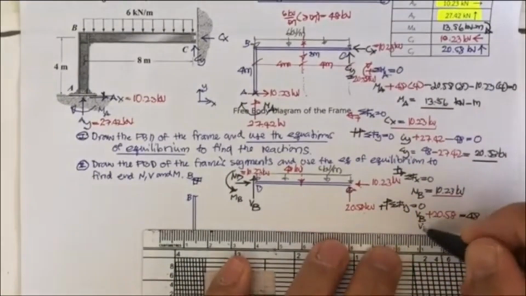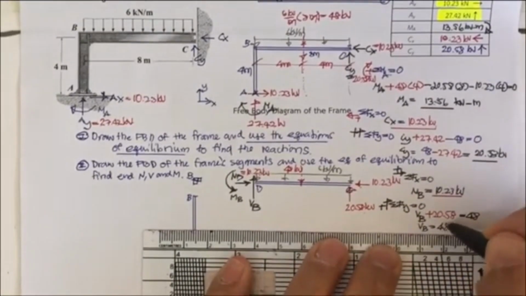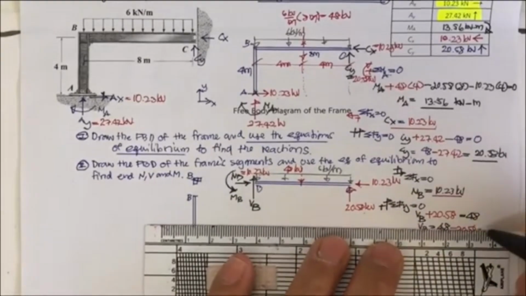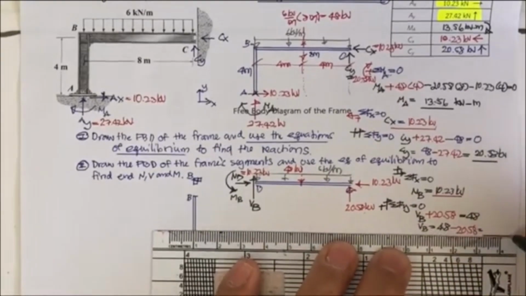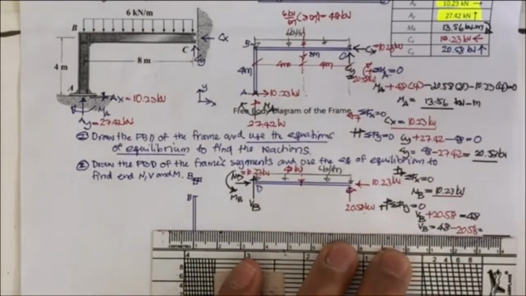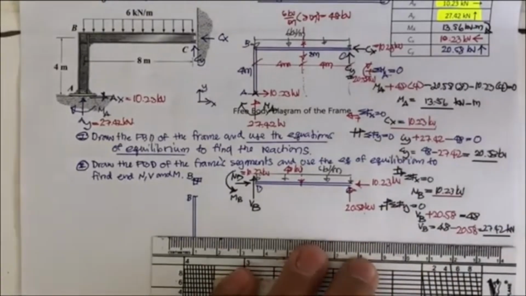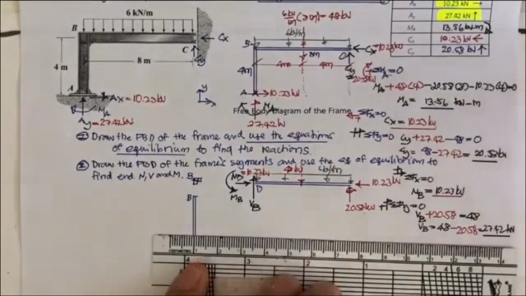And then your V sub B is going to be 48 minus 20.58. If you stop the clip, you may have a chance to put them in your calculator, and you will get 27.42.